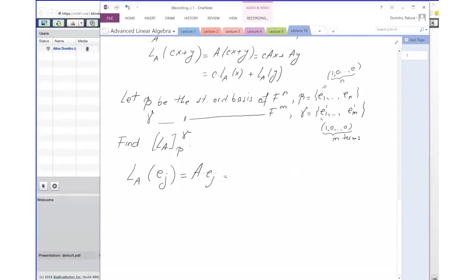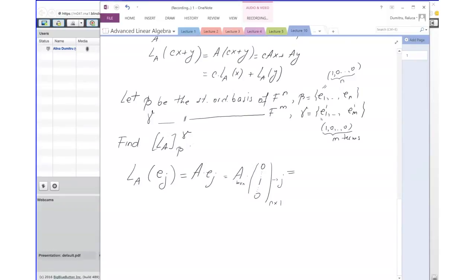It is my m by n matrix A times an n by 1 vector, which has a 1 in position j and 0 everywhere else.